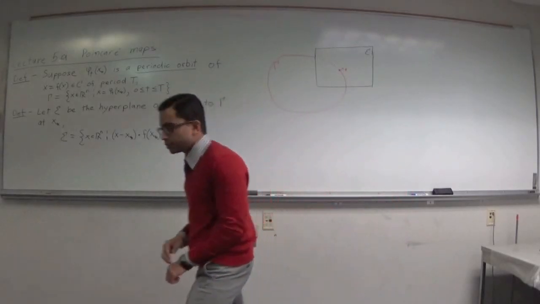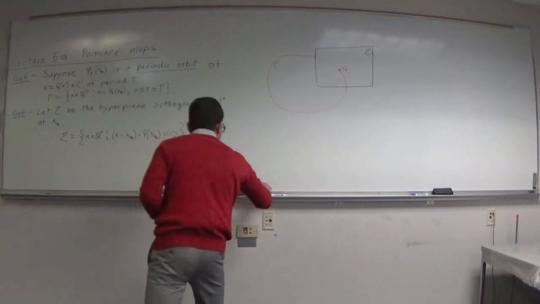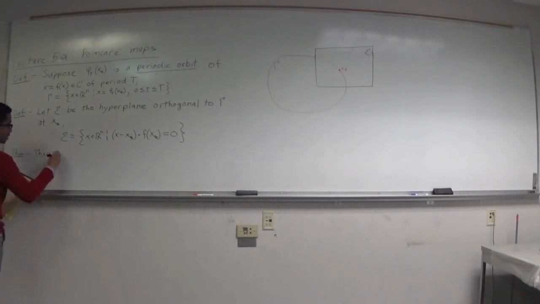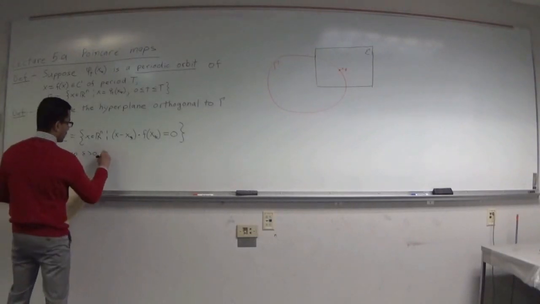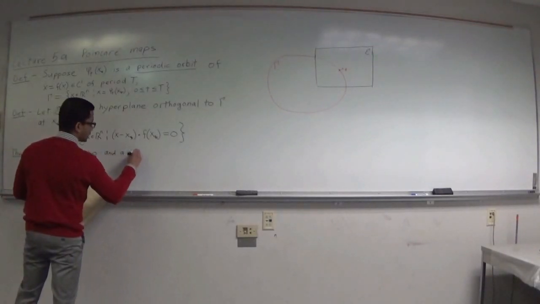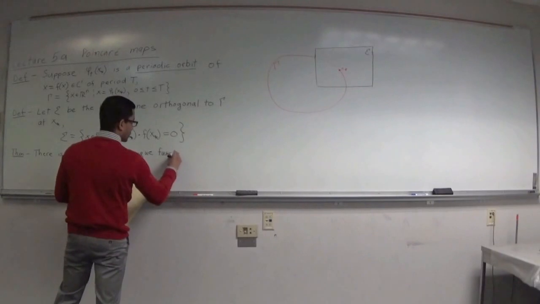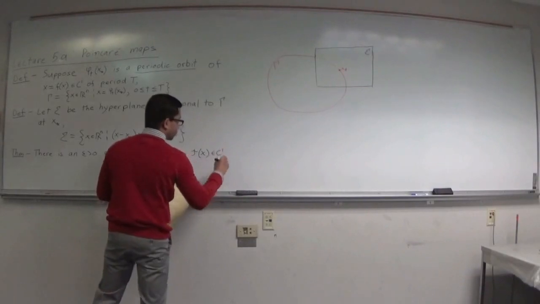We do have one more definition that we need to fill in. Or rather, I'll give you a theorem first, and then I'll give you a definition. This is a small theorem. It says there is an epsilon greater than 0 and a unique function tau of x that's continuously differentiable.